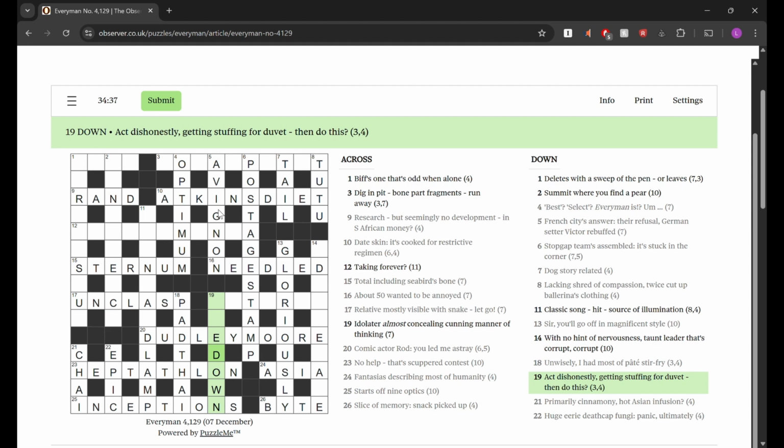Act dishonestly. And down does make sense as the duvet. Lie down. Because if you act dishonestly, you lie. And that's getting stuffing for duvet, which is down.